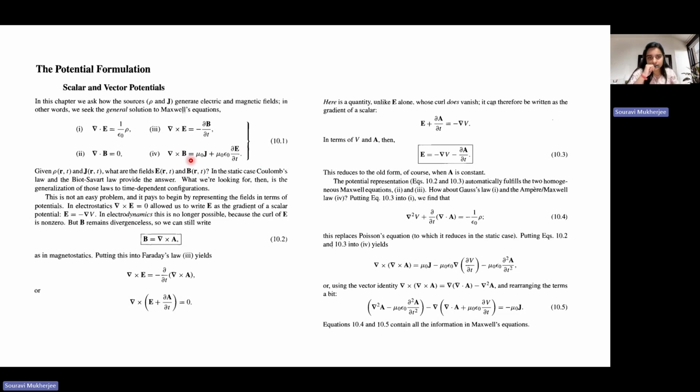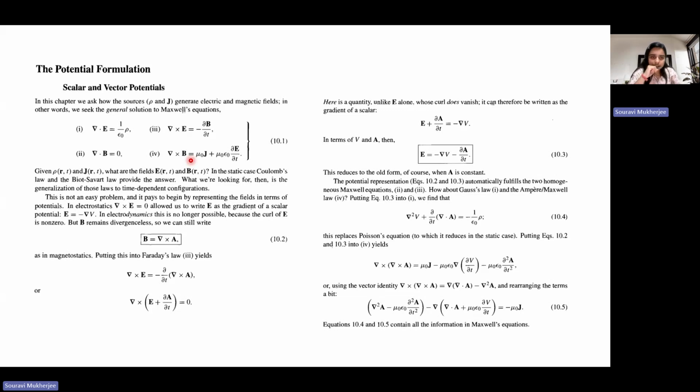If you remember last class also, we did discuss this fact that you can choose your vector potential to be divergence-less, right? So you have the freedom of choosing or adding new properties to these vector and scalar potentials, as long as the electric and the magnetic fields associated with it do not change, right? And you can make these modifications to the scalar and the vector potentials to suit your will, to make things simpler. So that makes it easier for us to work with scalar and vector potentials.